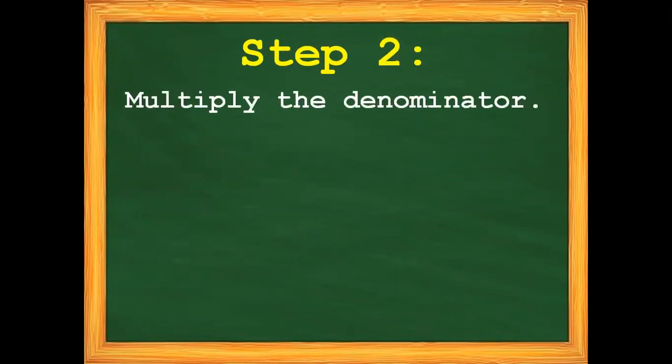Step number 2, multiply the denominators. One-fourth times two-fifths. Our denominators are 4 and 5. They are dissimilar fractions.